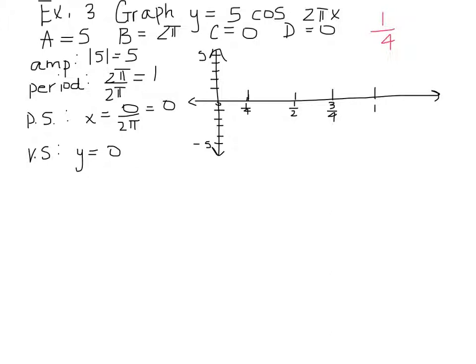So if you notice, your period is 1 unit long. Divide into fourths. So to do the graph, start at your max, 0, min, 0, max. And there's your curve.